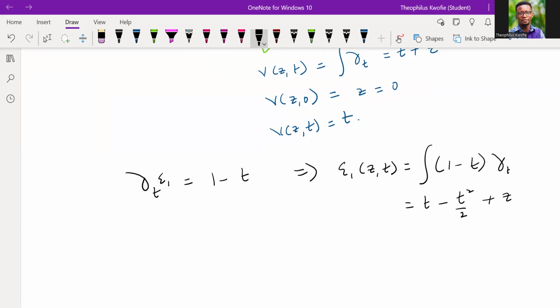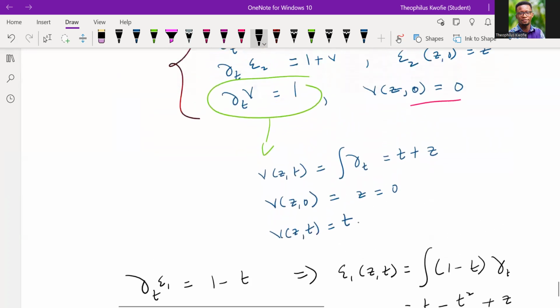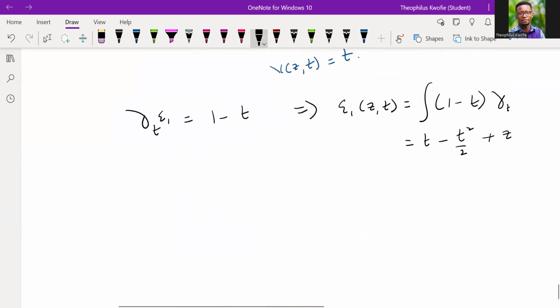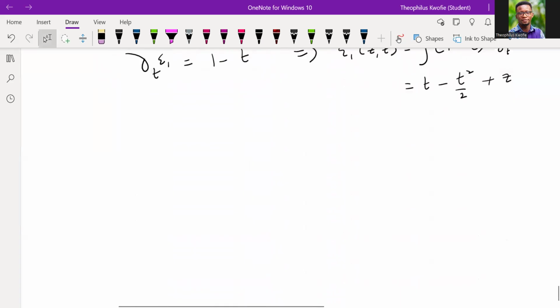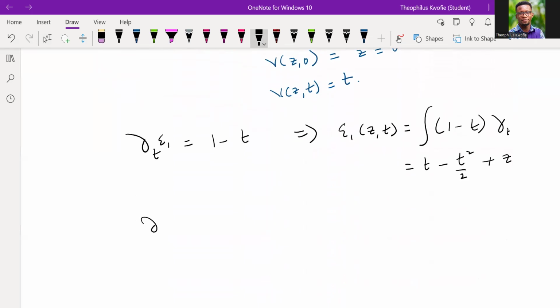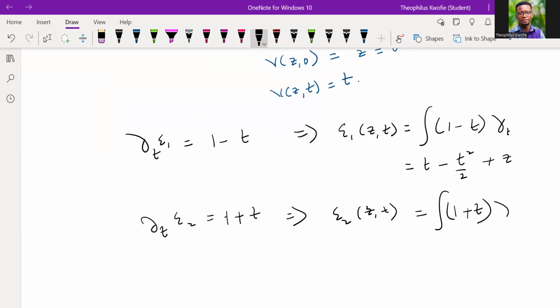So we're going to have that. And then because we saw that, let me use the other one. So the other one is what? The xi2, we saw that the xi2 was this, which is eventually the same thing, to be equal to the integral of what? 1 plus t. And that gives us just t plus t squared on 2 when we integrate them.